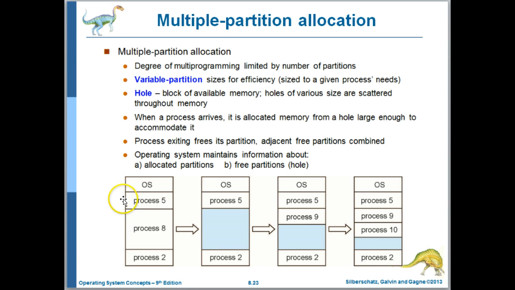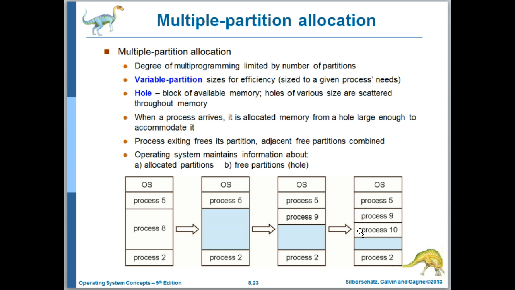So in this example, we have 3 processes running that completely use up all of the available memory. Process 8 completes. Process 9 is started that doesn't need as much memory. Then process 10 starts.